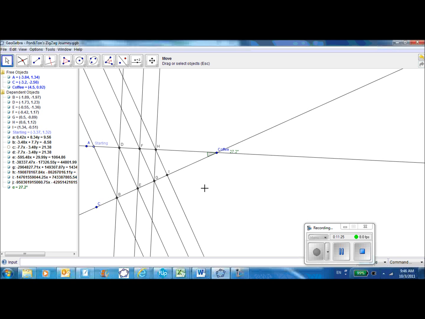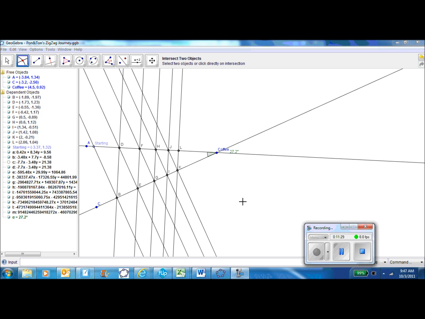So I'm going to continue now until I get 10. Okay, that's 10 lines now. And notice it's giving me all this information on the equations of all these lines, which we don't really need for our problem. What we need is the distances. Okay? So I want to create the line segments between these.